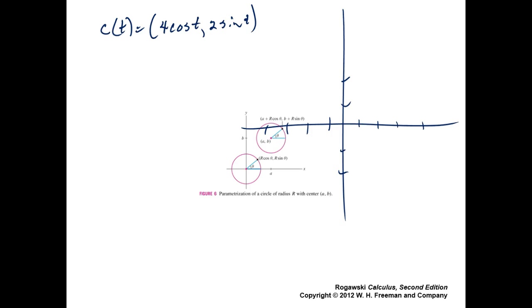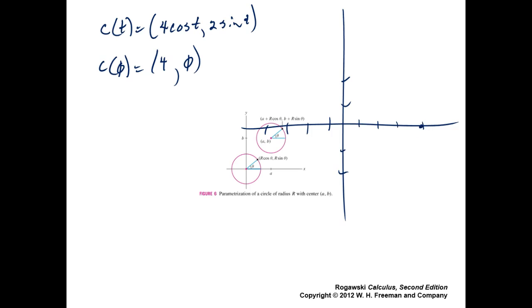Okay? So C of 0 would be 4 times, what's the cosine of 0? 1. Okay? 4 times 1 is 4. Comma 2 times the sine of 0. What's sine of 0? 0. So there we have it, 4, 0.